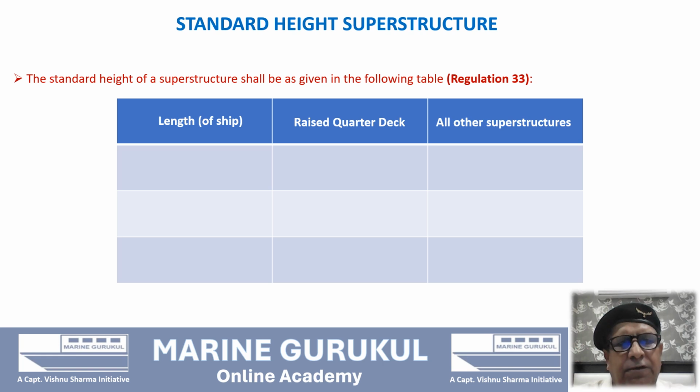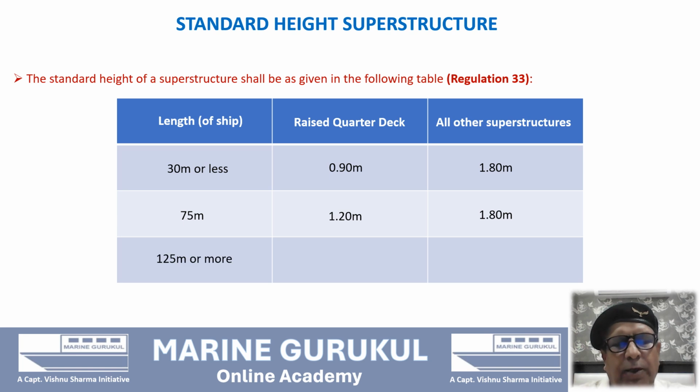For a ship of 30 meters or less in length, the standard height requirement for a raised quarter deck is 0.9 meters. For other superstructures, it's 1.8 meters. For a 75-meter long ship, it's 1.2 and 1.8. For a ship of 125 meters or more in length, it's 1.8 and 2.3 meters.